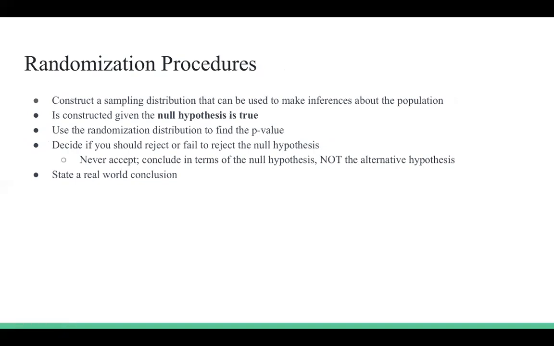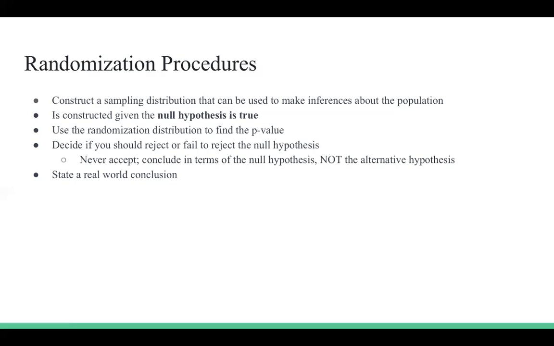And there's specific ways that we can make that decision. You decide if you reject or fail to reject the null hypothesis. Those are the two decisions. So you either say we reject the null hypothesis or we fail to reject the null hypothesis. When we're making a decision, we don't speak in terms of the alternative hypothesis. I'm not exactly sure why, but that's just how it is.